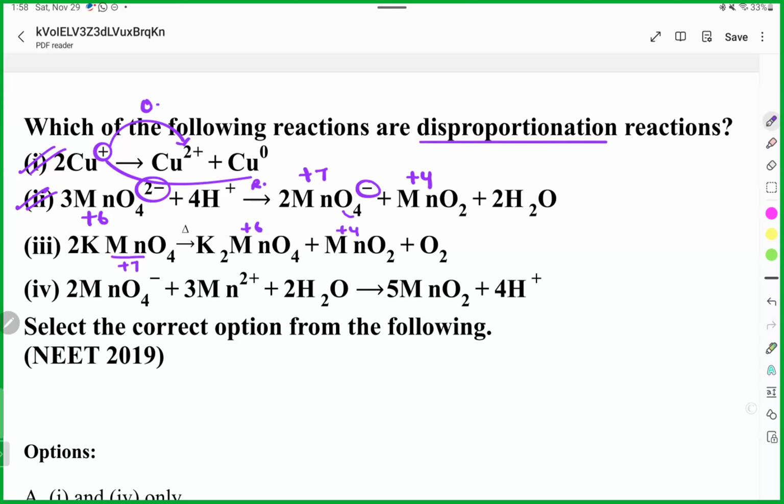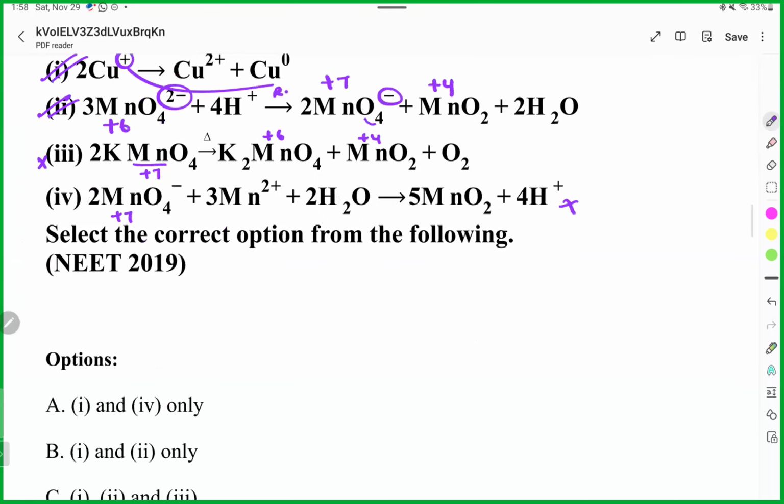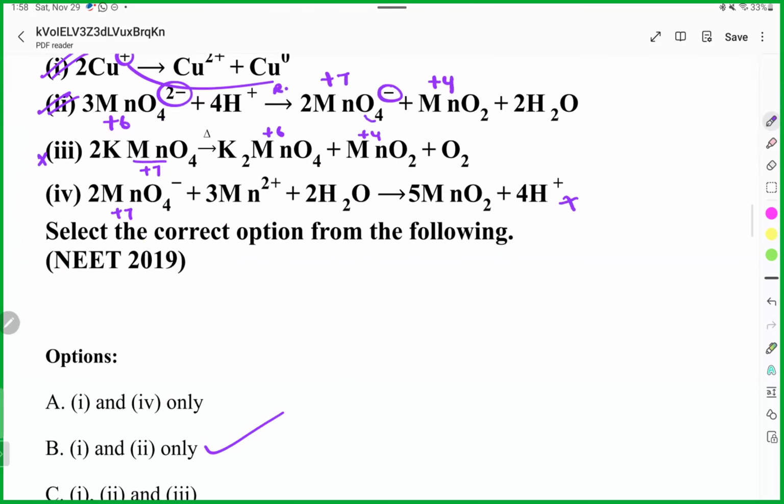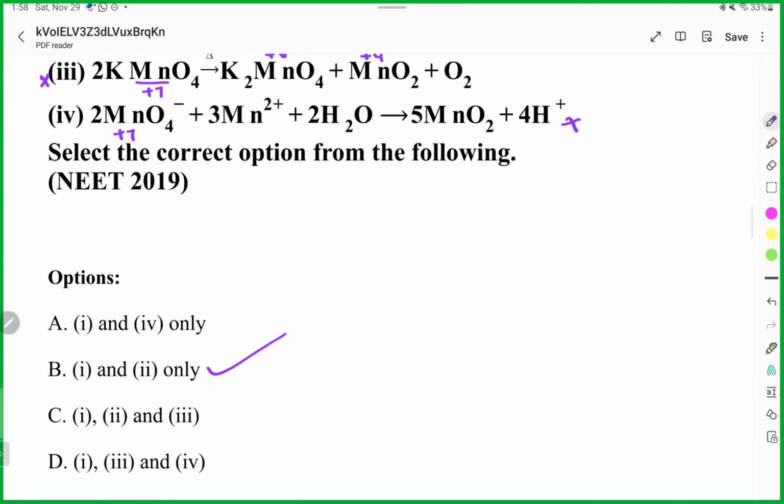This is only reduction, no oxidation. And here again +7 to +2, so not possible. So what is the answer? The first and second will undergo disproportionation: the same element undergoes oxidation and reduction.